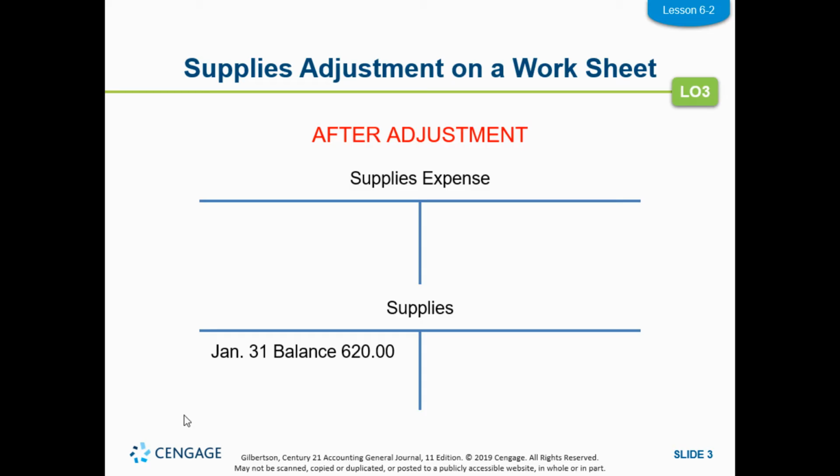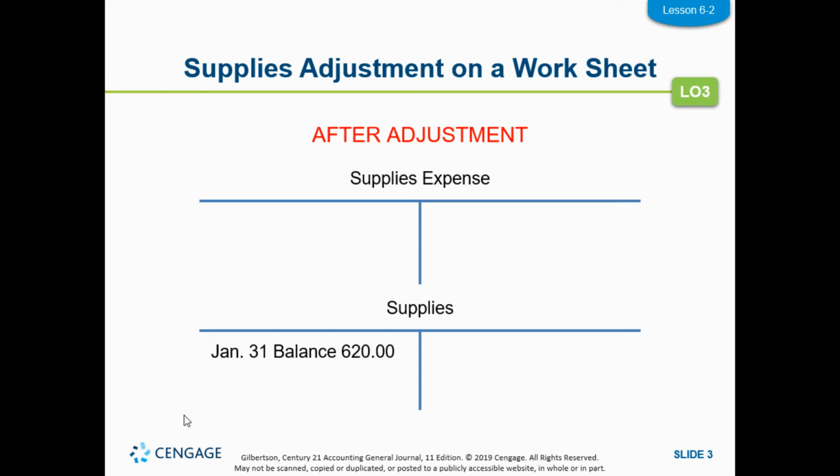We have supplies expense, T account, and our supplies asset, the supplies that we purchased, T account. Now, at the end of the month in supplies, we have a balance. That could be a combination of our beginning balance plus any supplies we purchased during the month, kind of like the previous visual I just showed you.